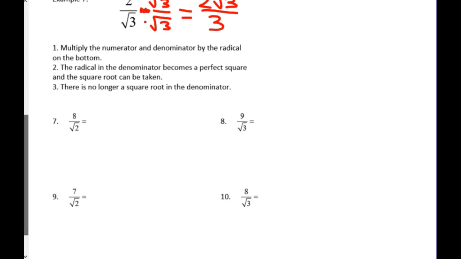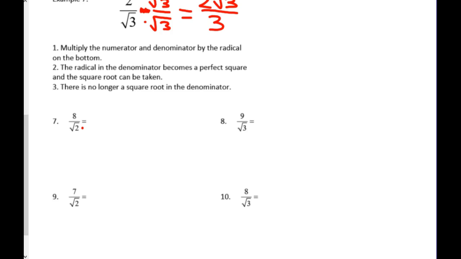You want to try one of these? Here, help me do number 7, and then I'll let you go. 7. How do I get rid of that square root of 2 on the bottom? Well, I'll help you out. So if I want to get rid of square root of 2, I'm going to do times the exact same thing. So times square root of 2.